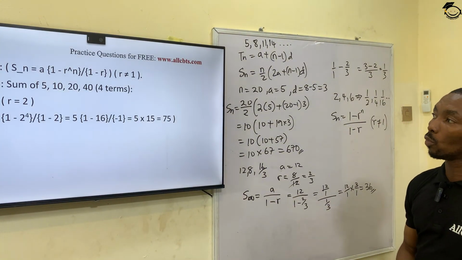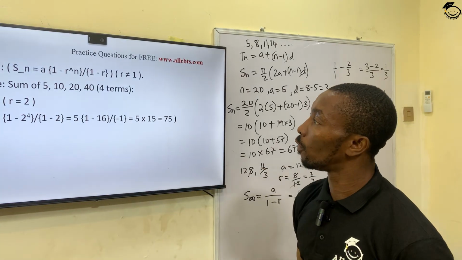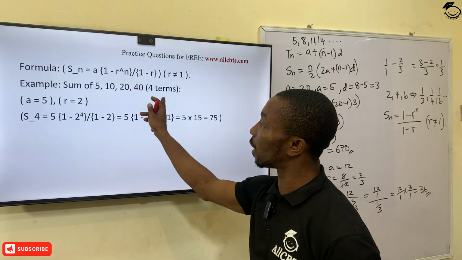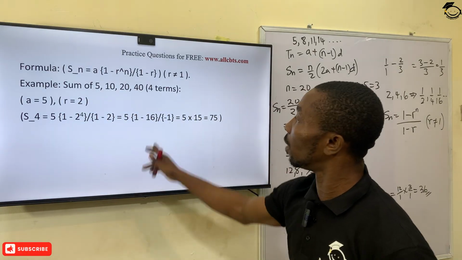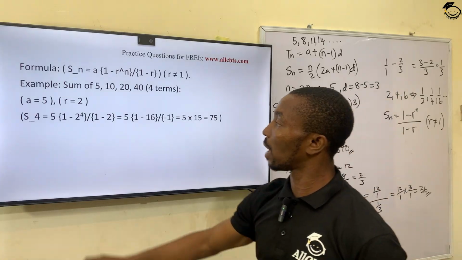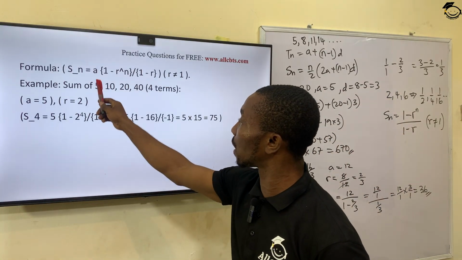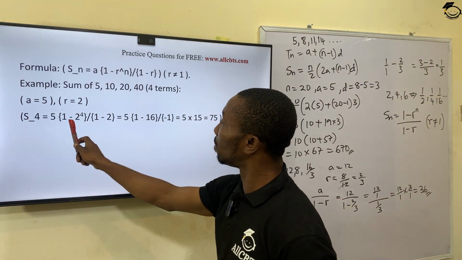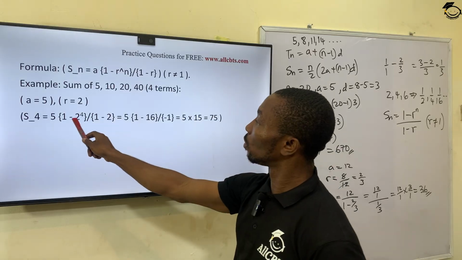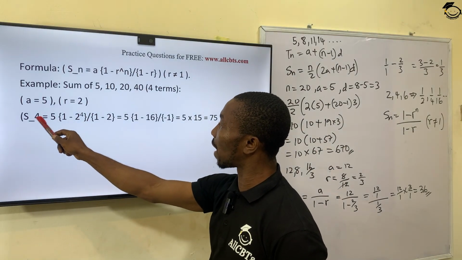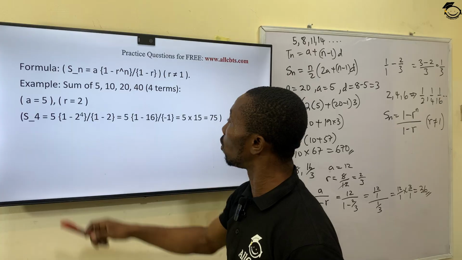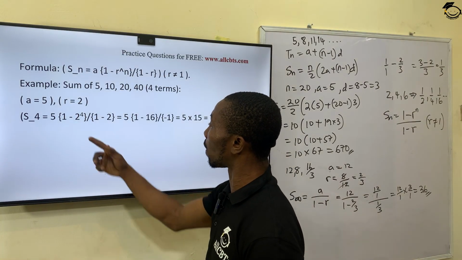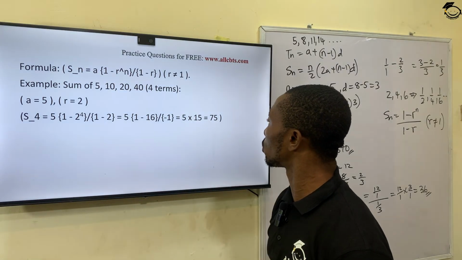We have an example there for you to go through, where we are asked to find the sum of the first 4 terms of this series. Now we have S4 equals 5, which is our first term, times 1 minus r raised to the power 4, where r is 2, divided by 1 minus 2.